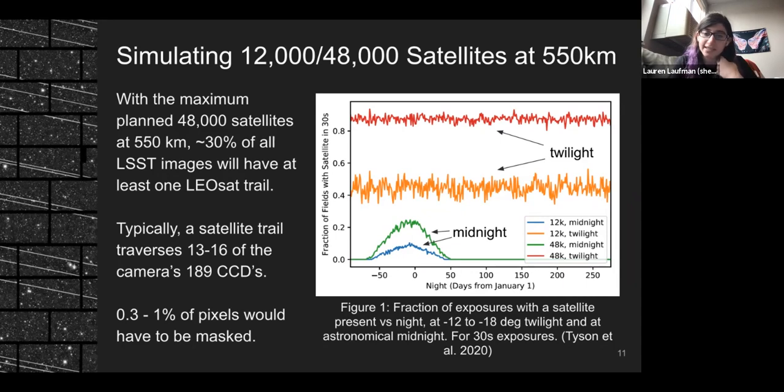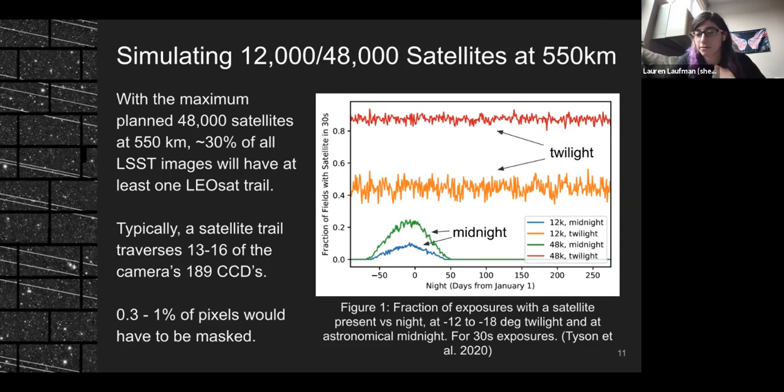And in this case, at midnight, no matter what, you will have satellite images. Just also, sorry, winter for the Southern Hemisphere. I forgot to mention that. So winter in the Southern Hemisphere is when the nights will be the shortest. And so when the nights are short, you're stuck with satellite trails in everything. Like you will have them.